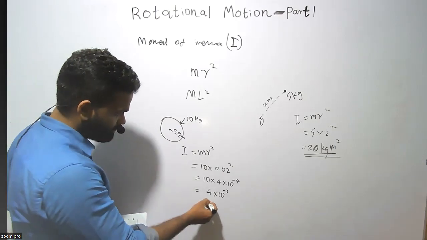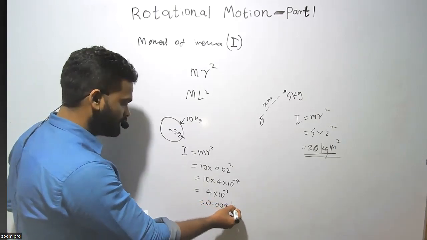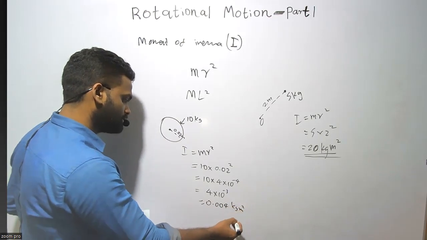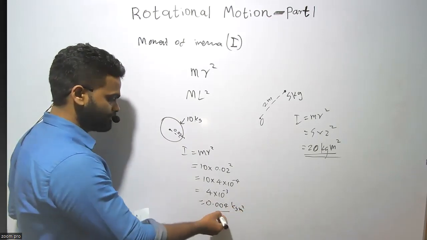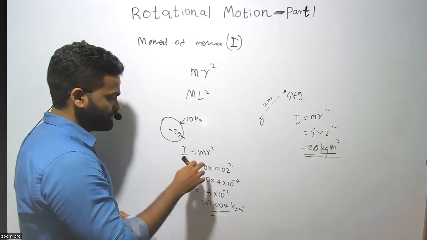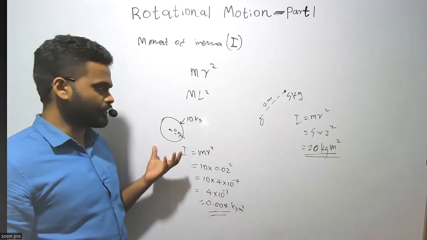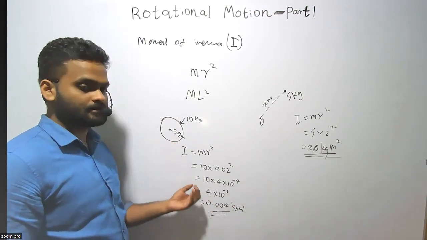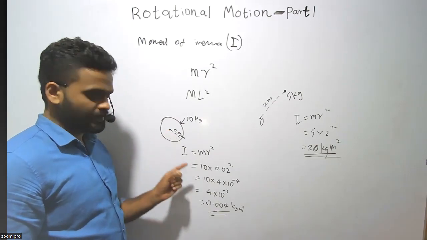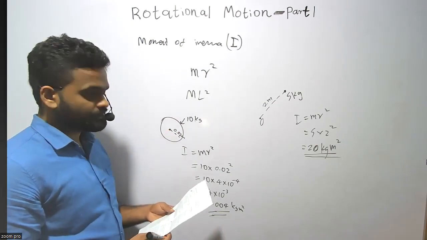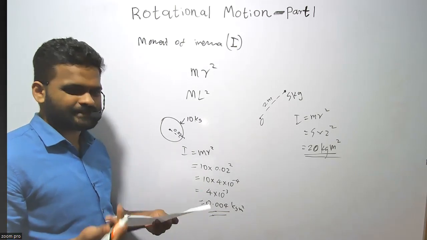So it should be 0.004 kilogram meter squared. Got it? So that's the moment of inertia for this ring. This had a smaller moment of inertia because this radius is less, right? Then try the 12th one. That also is an easy one.